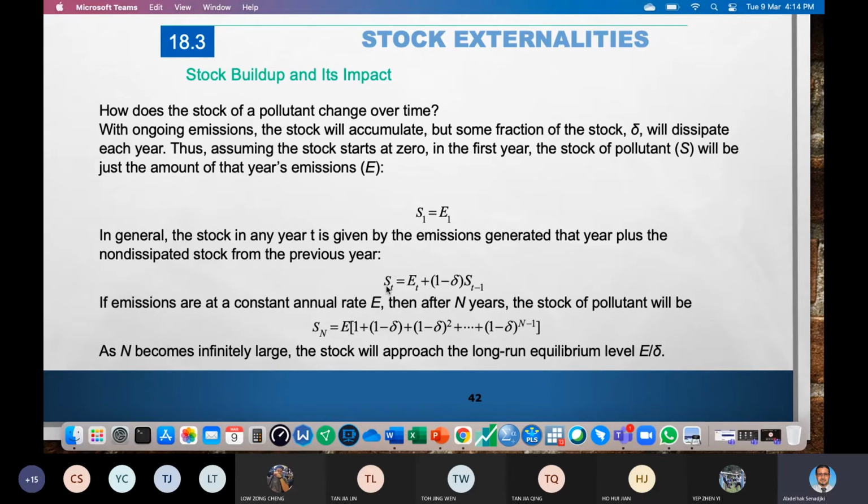So stock of year 2 equals emission of year 2 plus 1 minus lambda times the stock of year 1.